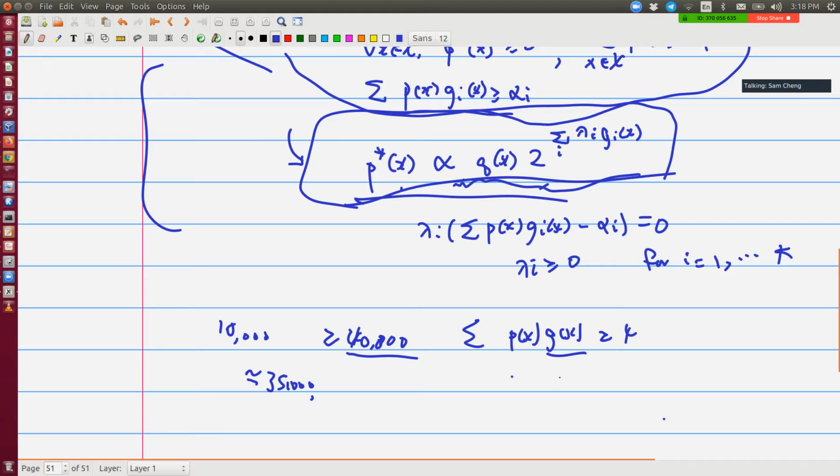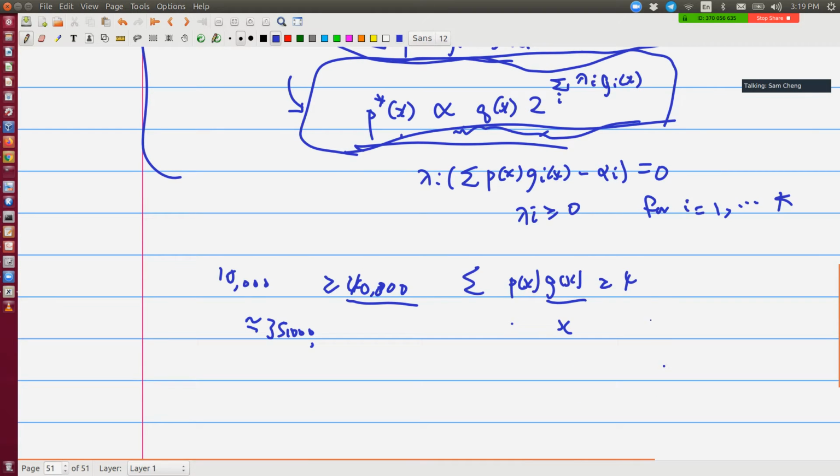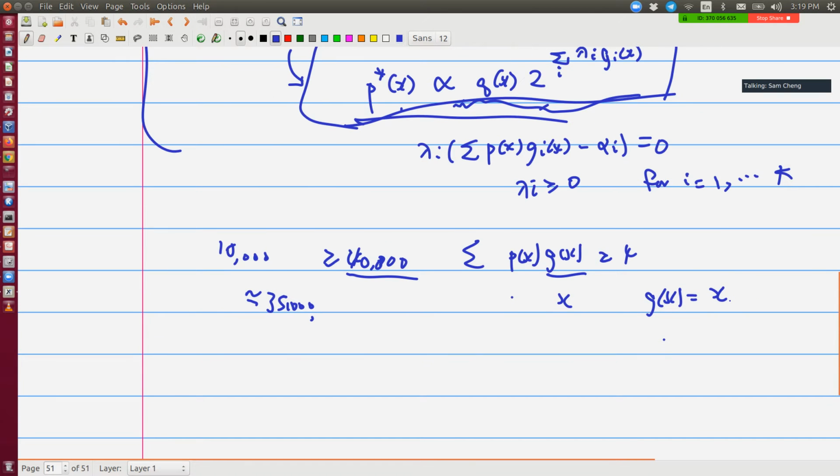g(x) in this case is just equal to x, right? So g is an identity function, g(x) is equal to x. In the homework, g(x) is x to the power 2. So in this case your p basically just has a form here.